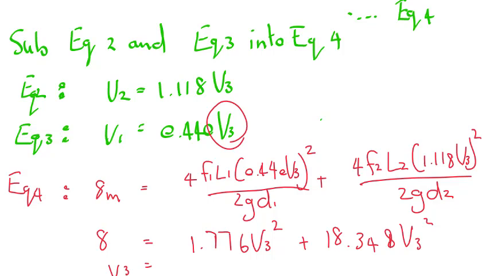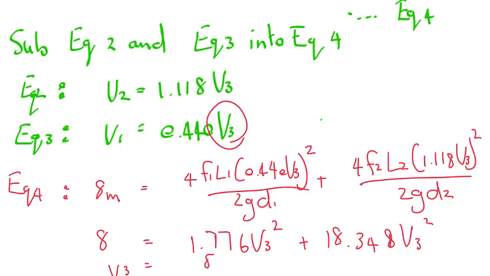Shift store in B. We can add those two together, alpha A, which is the 1.7, plus alpha B, and it's more or less 20, so it will give us 20.124.